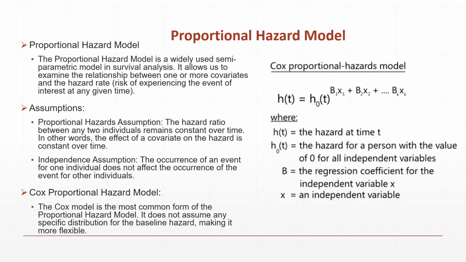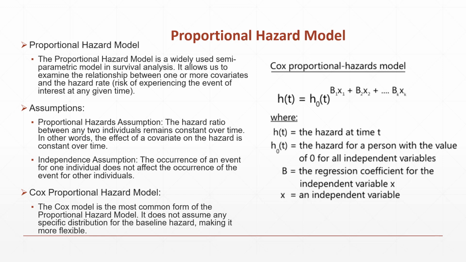The first assumption is the proportional hazard assumption. This is the fundamental assumption of the model. It states that the hazard rate between any two individuals remains constant over time. In other words, the effect of a covariate on the hazard is constant throughout the observation period.